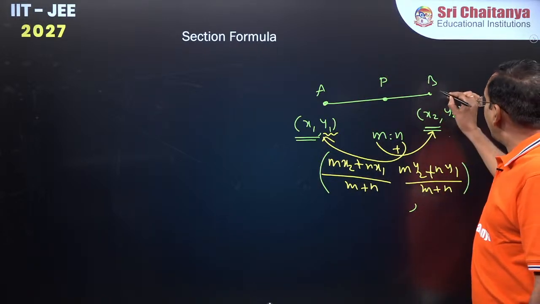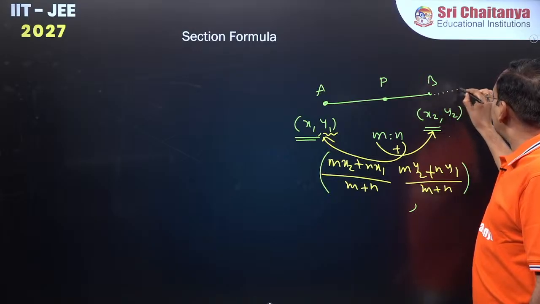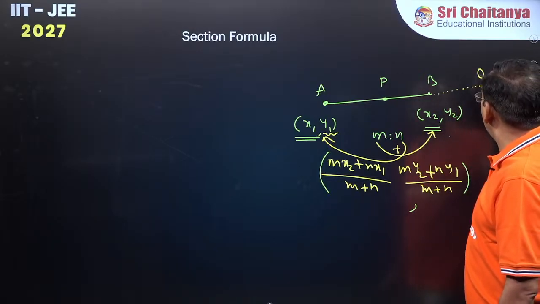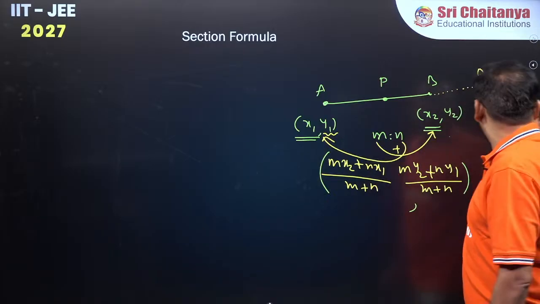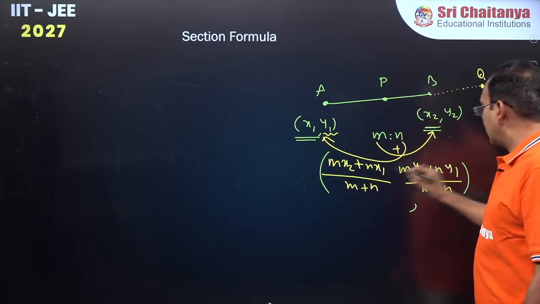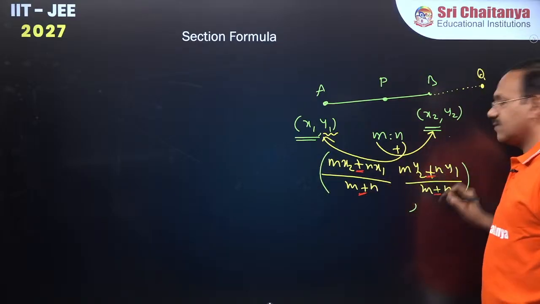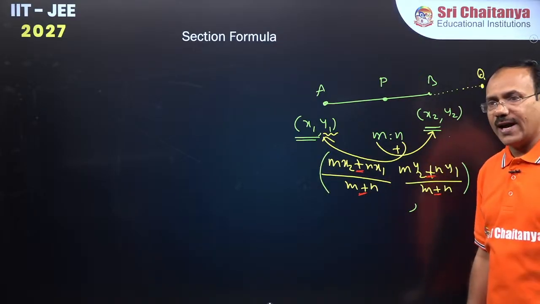Suppose you want to find the point which divides AB in the ratio m:n externally, simply put minus here. You can put minus here, here, here, here. That's all. Okay everyone?